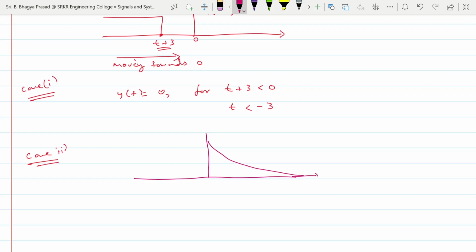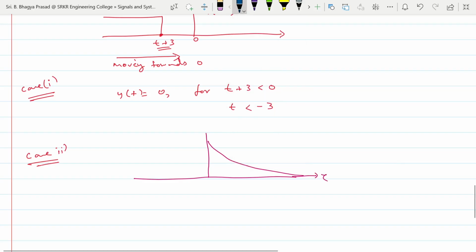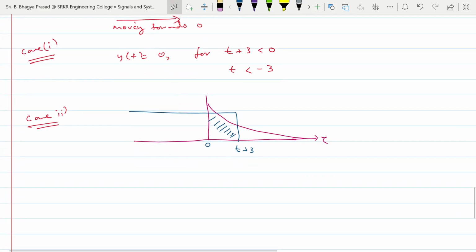One signal is like this, and another signal is like this, moving like this. It crossed the origin. Now there is some overlap. Let us find that one. So for t plus 3 greater than 0, let us find the expression for that one.